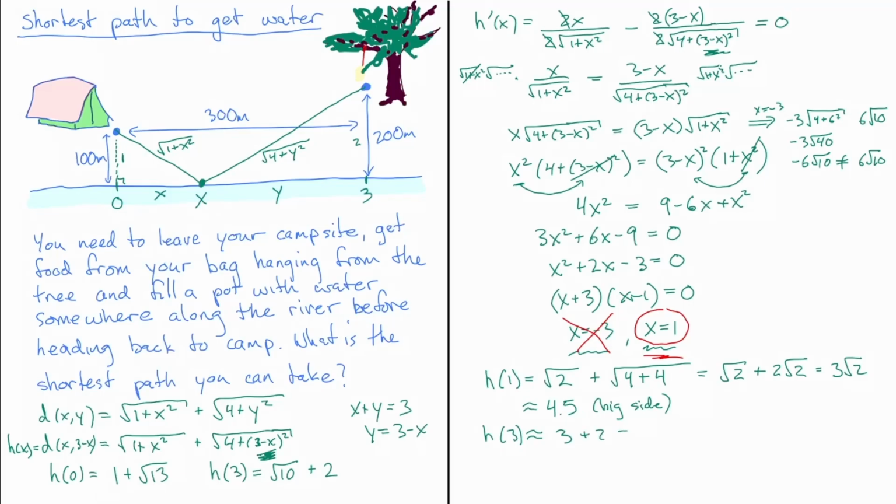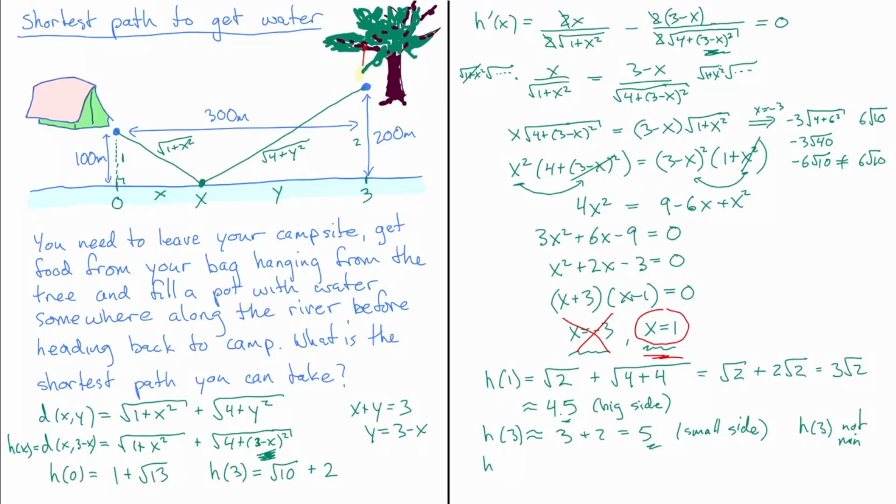And then add 2, that's 5. So that's on the small side of what it actually is. That's smaller than what it is. And so we have number 5 is smaller than h of 3, but already still bigger than h of 1. So we know that h of 3 is not a min for sure, because h of 1 is smaller than it.